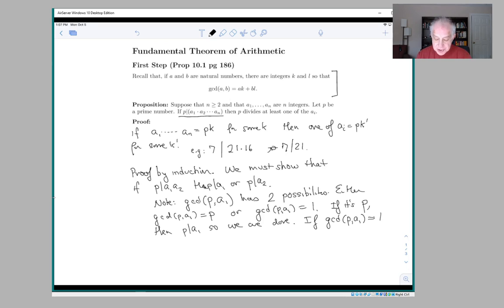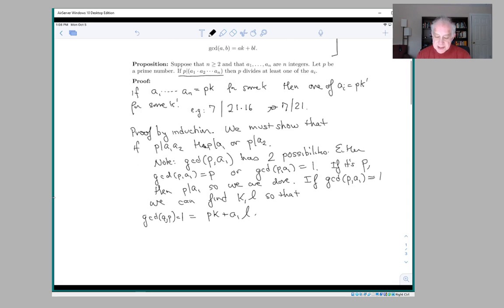But we can use Euclid's algorithm to find k and l so that 1, which is the GCD of a1 and p, equals a1 k plus p l, and now we can multiply this equation by a2.